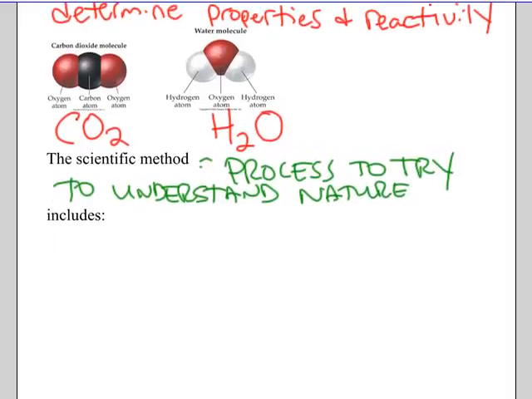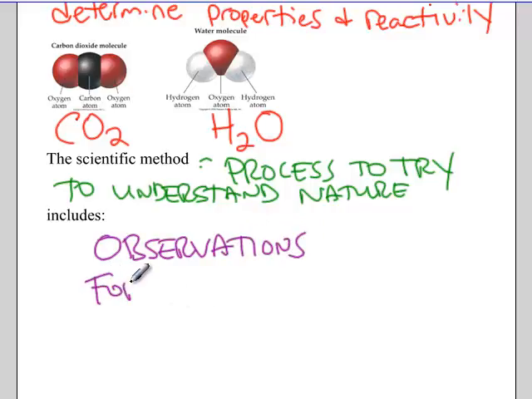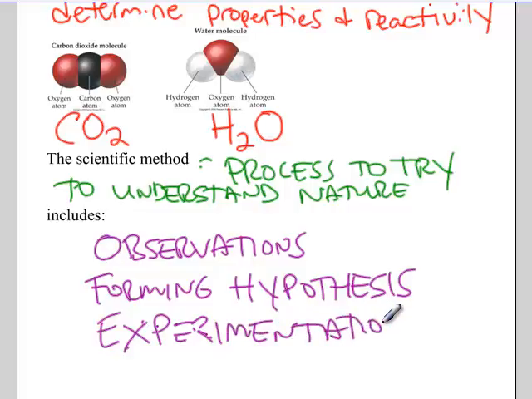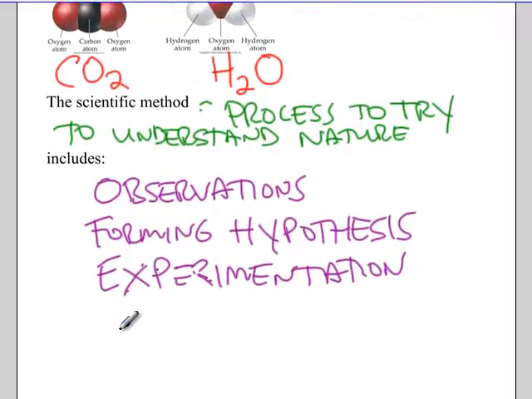The parts of the scientific method include making observations, creating a hypothesis based on those observations, designing and carrying out experiments, and then ultimately forming laws and theories.